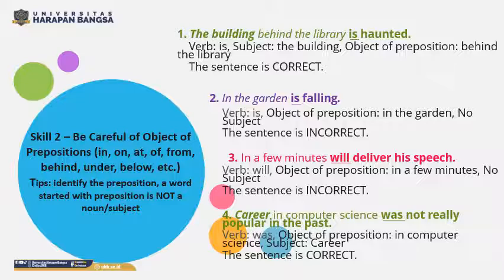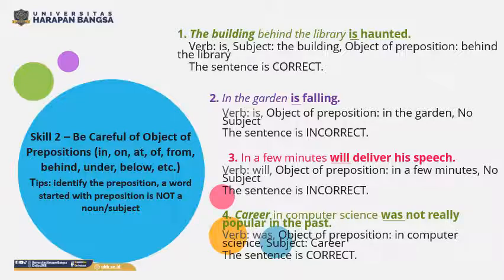It is started with preposition in. So is it the subject? No, it's only object of preposition. So this sentence has no subject. So that's why the sentence is incorrect.